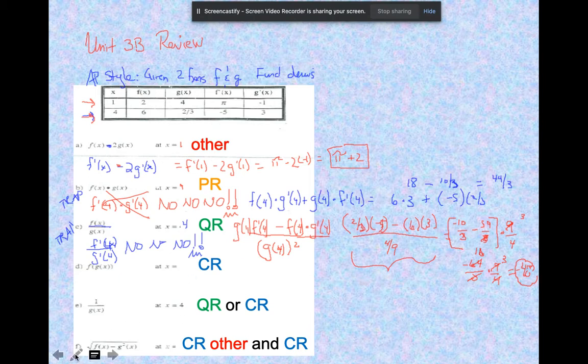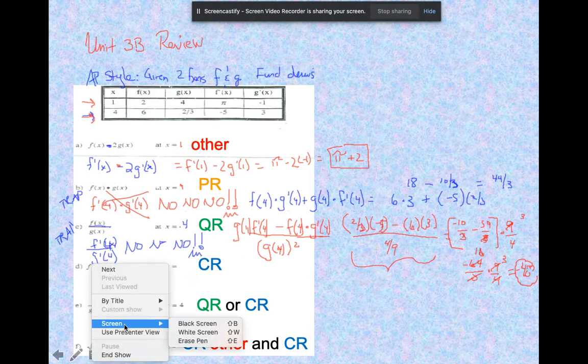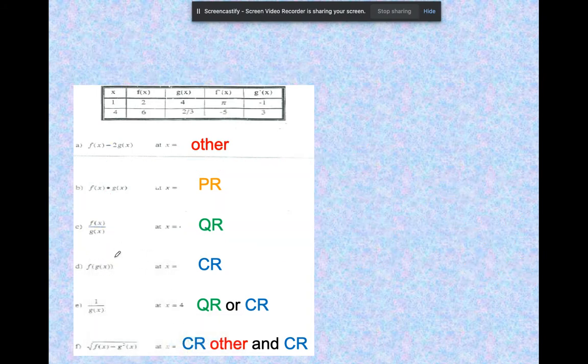All right, I'm going to erase all of that to give myself some room to do the rest of it. Most common mistake with letter D is to say that's f prime of g of 1, which means you forgot to spit.